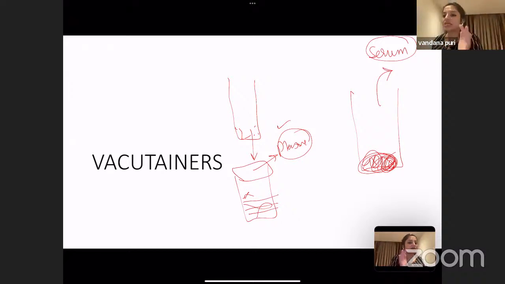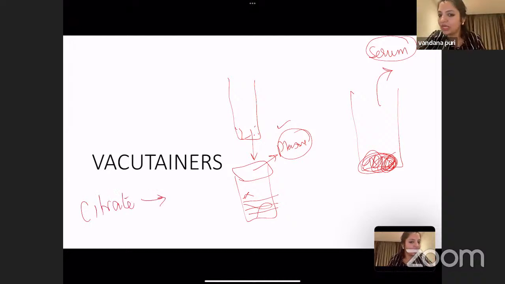Now, let's come to one more point. How are the anticoagulants defined? Anticoagulants are defined on the basis of how fast they are reversible. Okay, how fast you can reverse them. Let's say trisodium citrate. Okay, citrate is a very fragile anticoagulant.